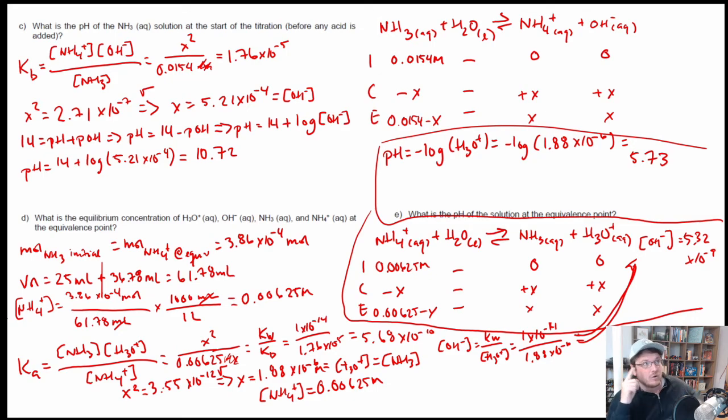When you're in the buffer region, which we didn't do in this problem, you can use the Henderson-Hasselbalch equation. You don't have to go through the whole messy thing of doing an ICE table. When you're at the equivalence point, you then have to flip. If you were starting off doing a weak base equilibrium like we did right here, at the equivalence point you switch to doing it as a weak acid equilibrium problem.